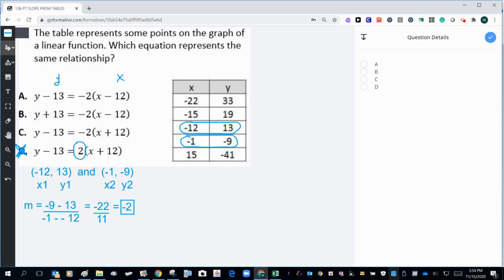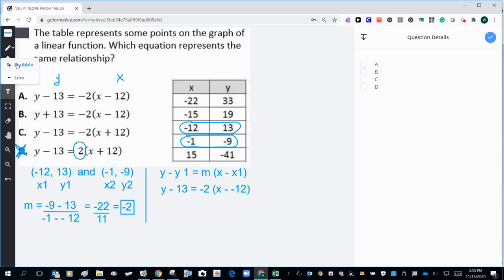Very good. So let's draw a line right here and let's write our formula. y minus y1 equals m, open parentheses, x minus x1, close parentheses. And on the bottom, we're going to write y minus, now we look at y1, is 13, equals, slope is negative 2, open parentheses, x minus negative 12, close parentheses.